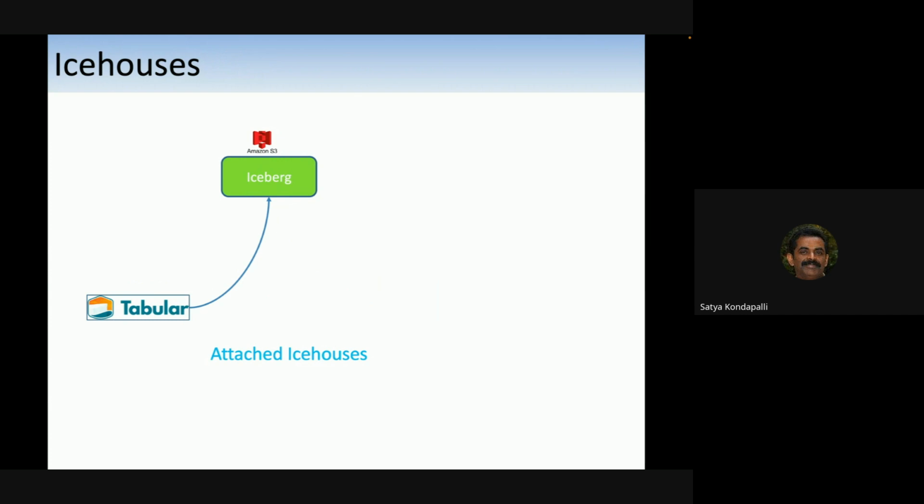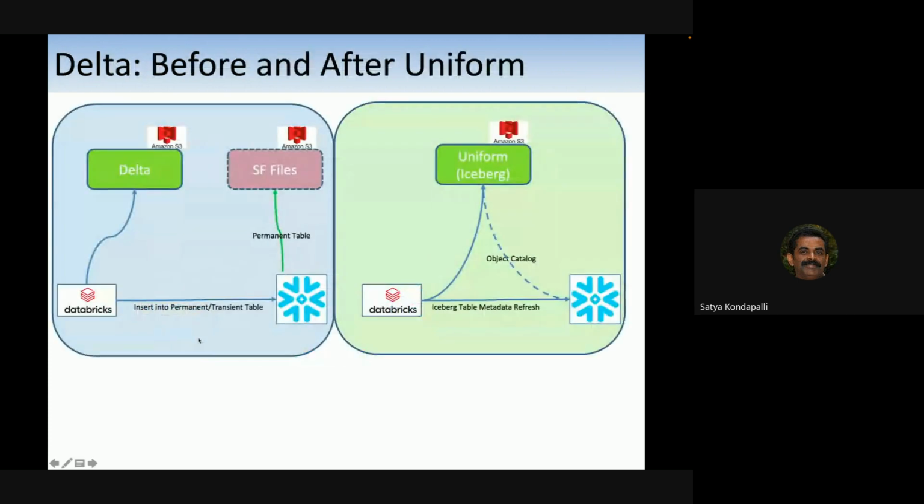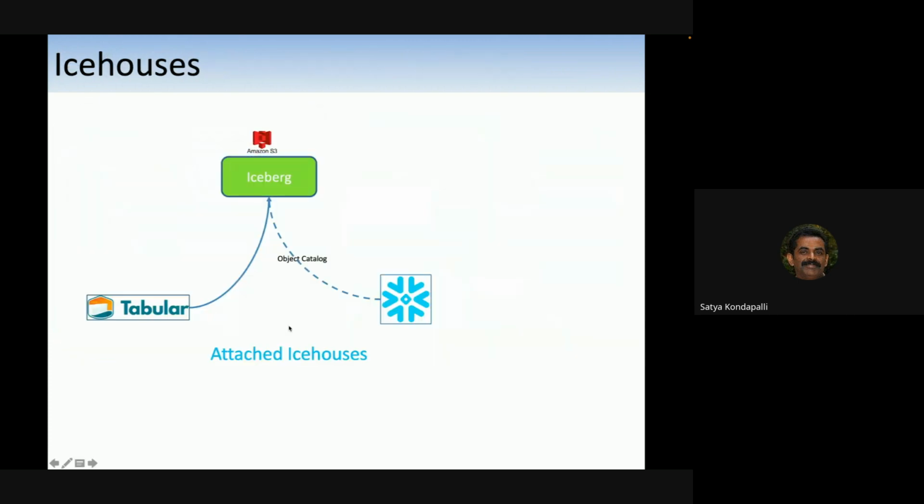Now similarly, right, Tabular can do that same thing, right? Instead of Databricks, I can replace Databricks with Tabular, and Tabular writes the Iceberg table. Again, keep in mind, when you are dealing with Iceberg table, whether in Snowflake, whether in Databricks, whether in Cloudera, whether you're doing Apache Iceberg, all syntax are similar.